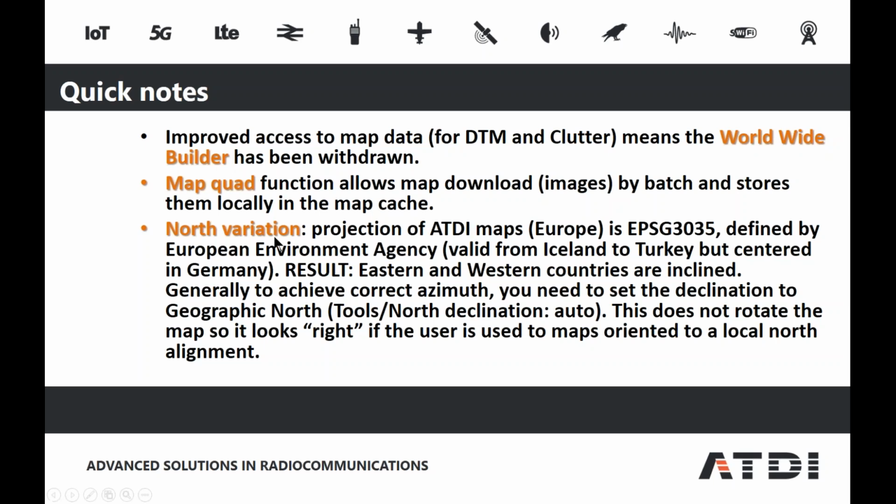There's a function called MapQuad that has appeared, and it actually allows you to prefetch, which is the term used in web services, all your background images for online mapping.